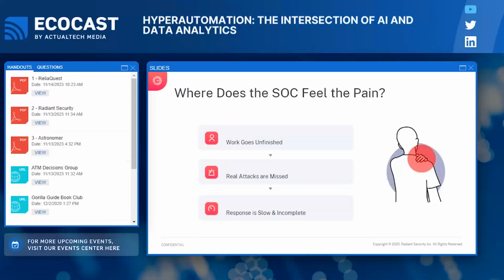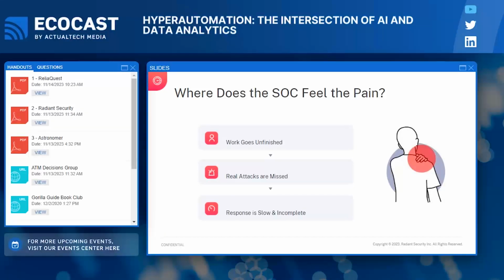Where do we feel the pain specifically? If we're reliant on manual effort and we don't have enough people to conduct that effort, whether they're your people or the people that you've outsourced at an MDR or an MSSP, that means that work is going unfinished. So it's either getting filtered out, it's getting left undone, it's getting deprioritized, and we're looking at some subset of work.